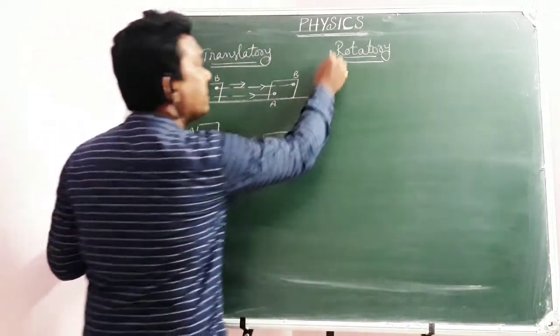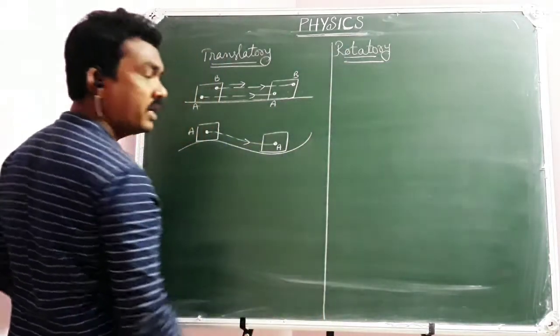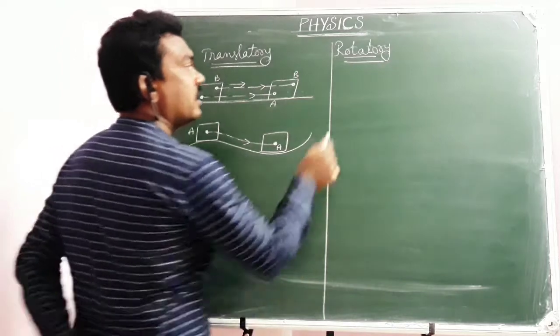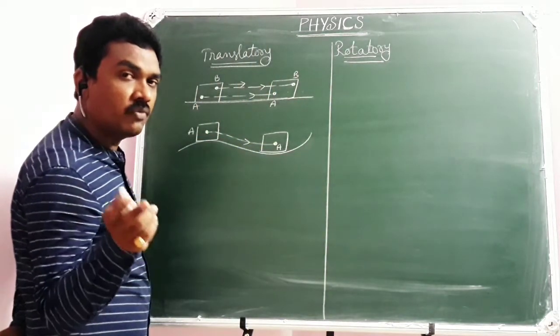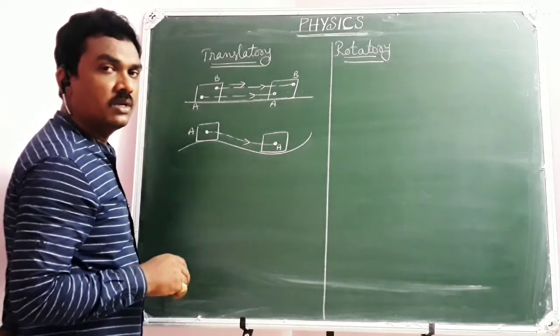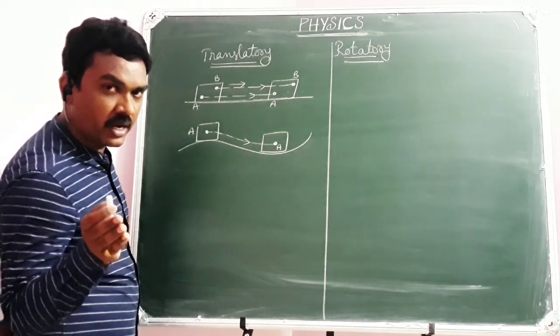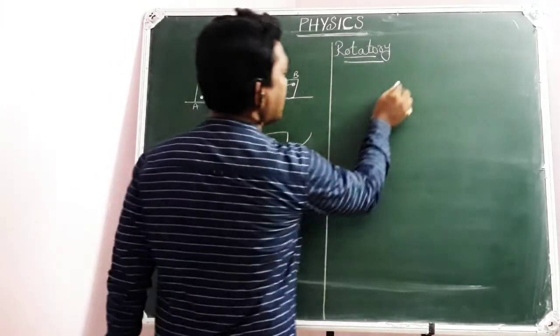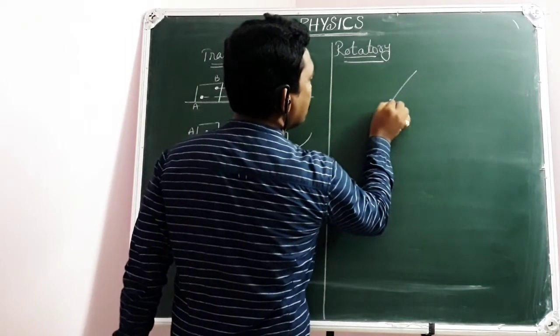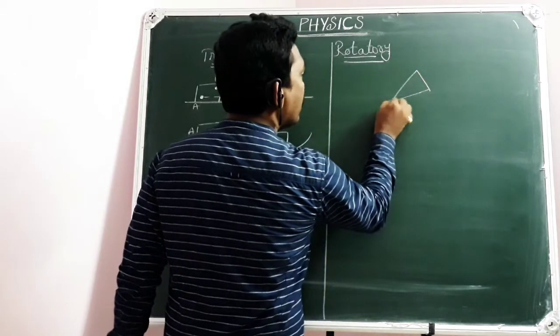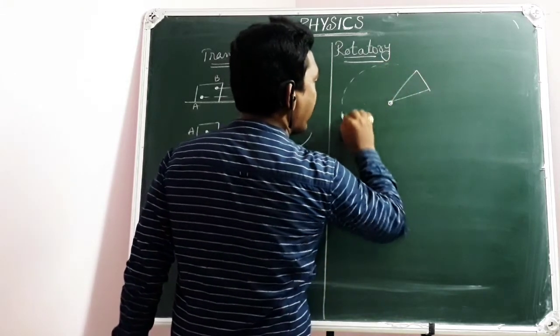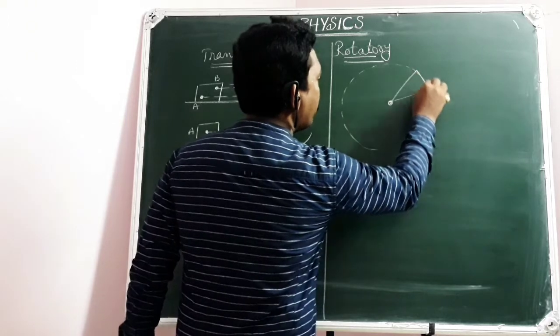Rotatory motion means a body moving along a curved track around a fixed point. It is moving along a curved track around a fixed point. Best example, just take the wing of a fan, which is moving along a curved track around a fixed point.